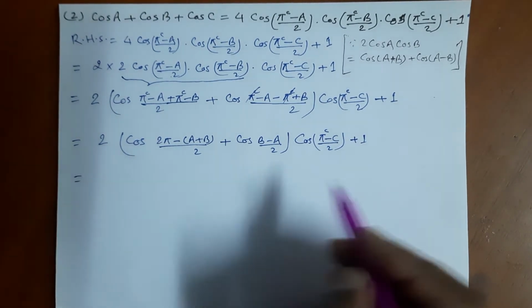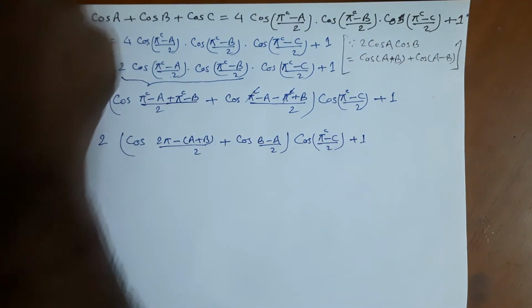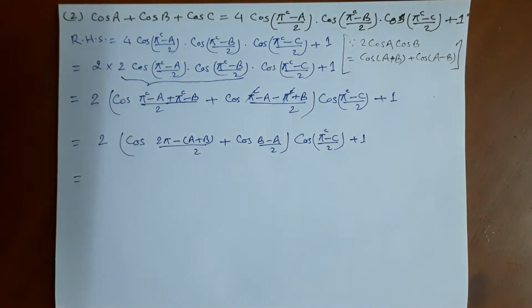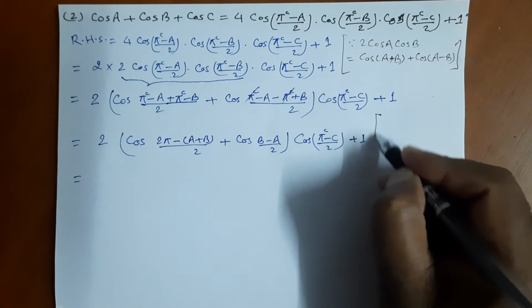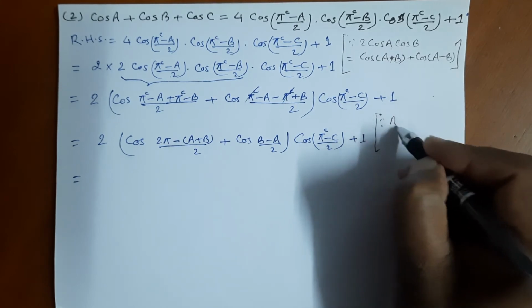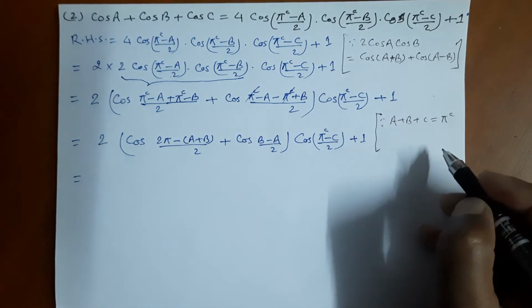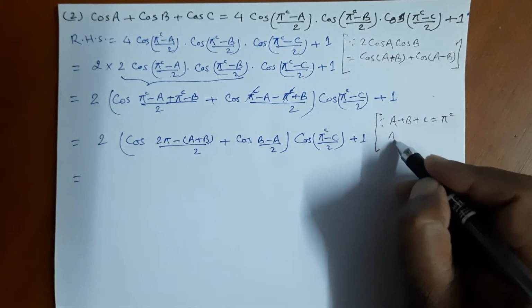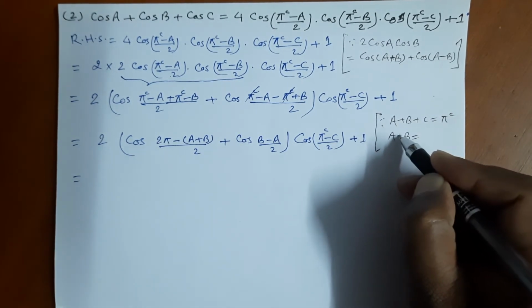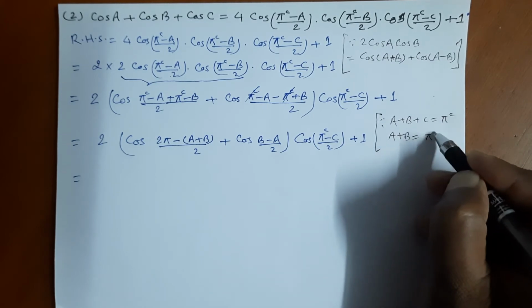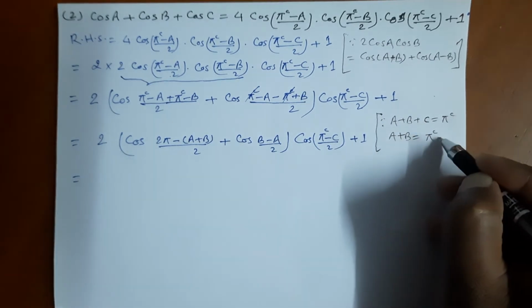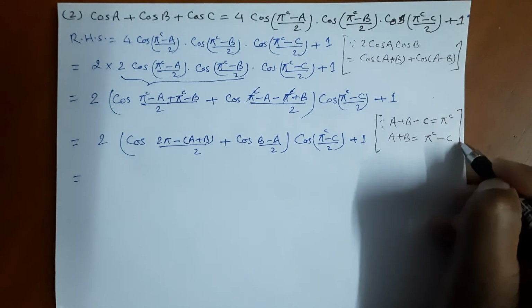And as you know that a plus b plus c equals to pi radian, or 180 degrees. So a plus b equals to pi radian minus c.